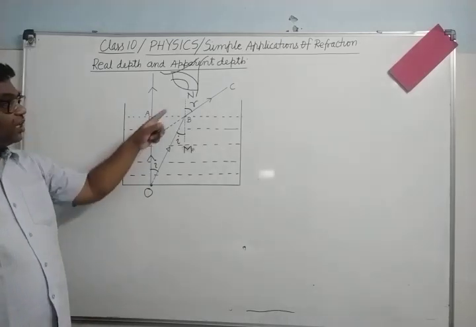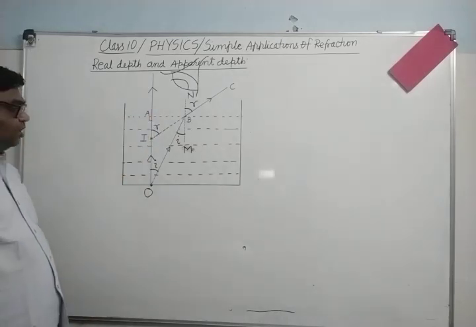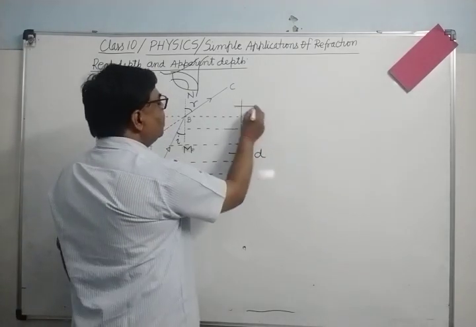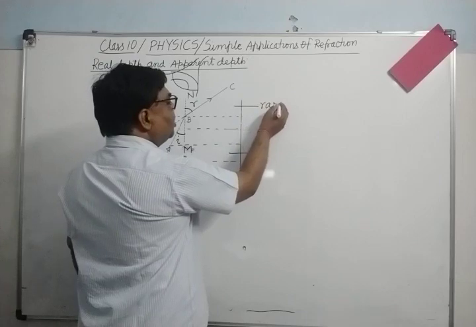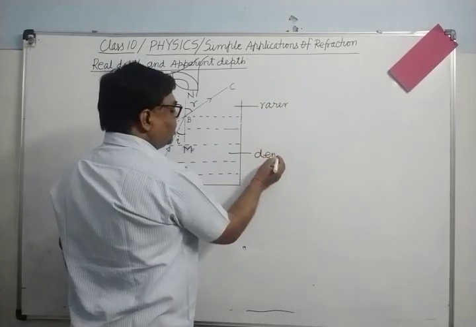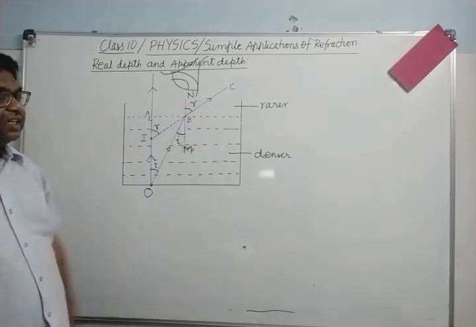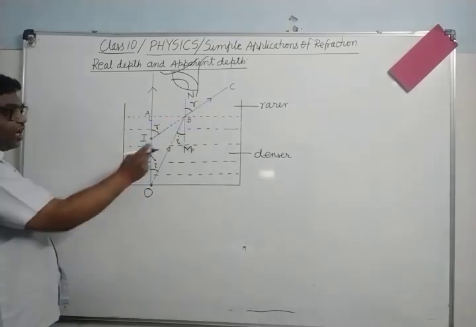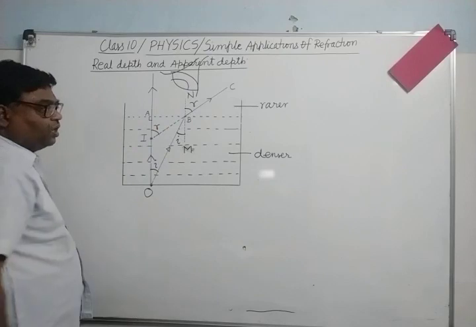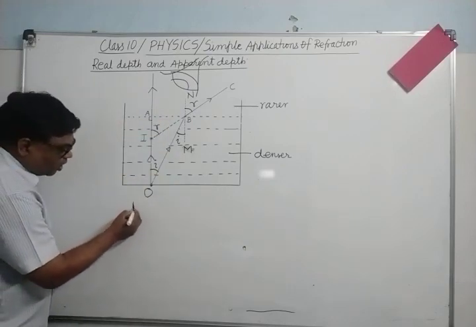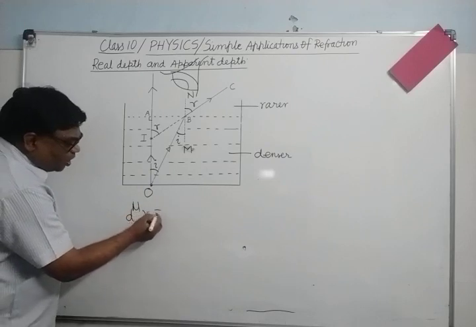Now if you write the refractive index. See here, this is the denser medium and this is the rarer medium. This is denser. Suppose this is water and here it is air. So the ray of light is going from where to where? From denser to rarer. So d mu r. What is the meaning of d mu r?